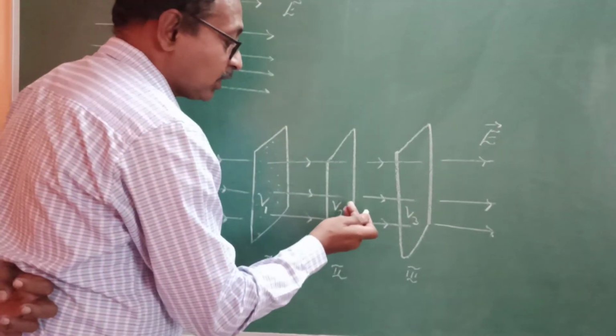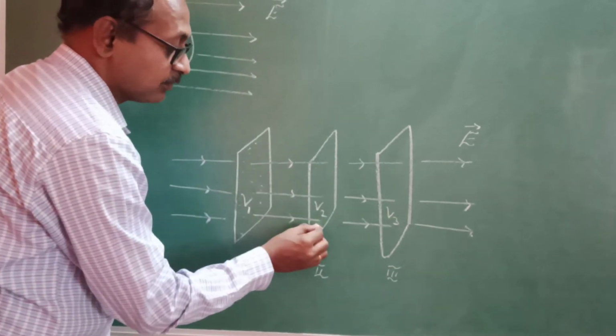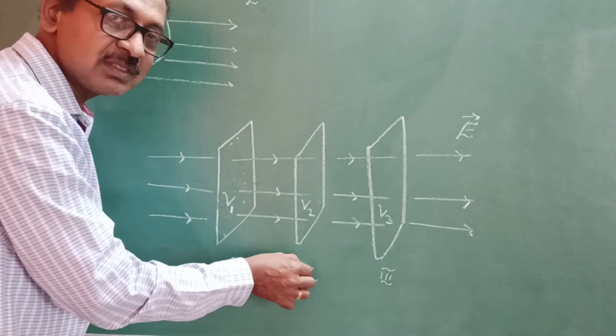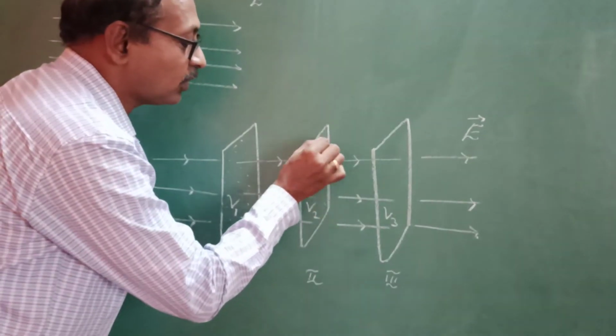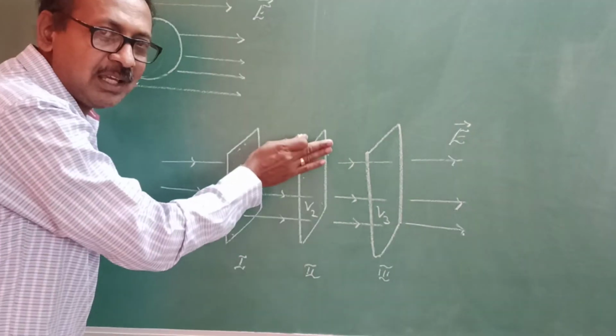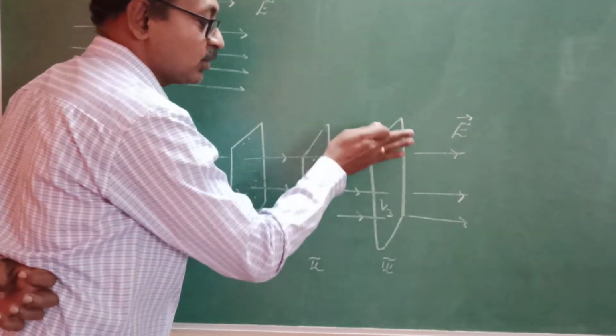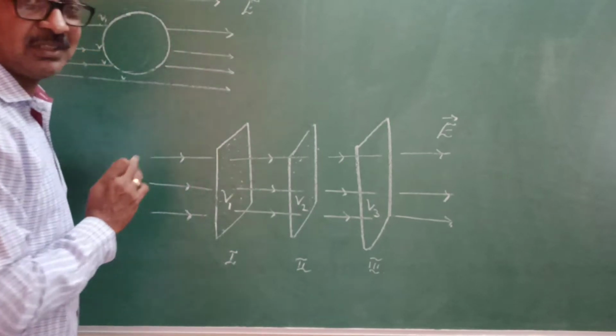For the V2 surface, at any point V2 is the same potential, equal potential here also, and here also.